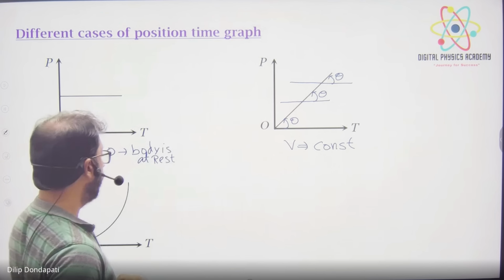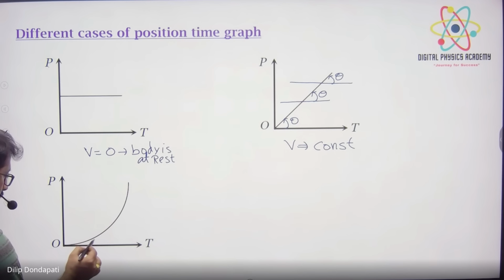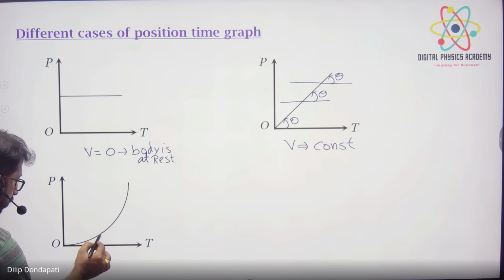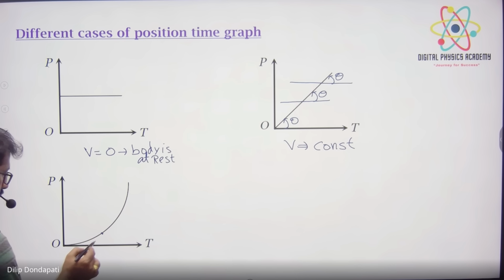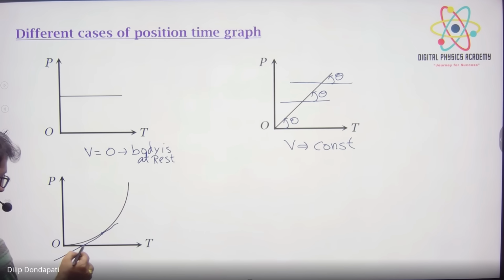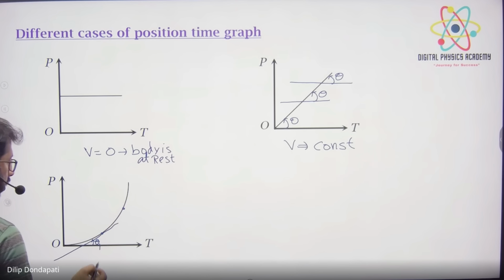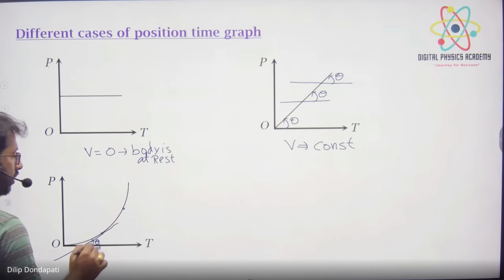Slope. Okay. Now look, this is a variable graph, not a constant graph. Suppose I want to find the slope at this point. So what do you do? You draw a tangent that cuts the x-axis. This is nothing but theta 1. Now suppose I want to find the slope at this other point. You draw a tangent; a tangent means the line which touches at one point.